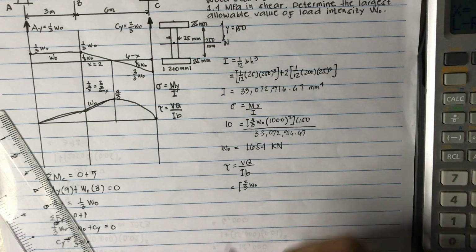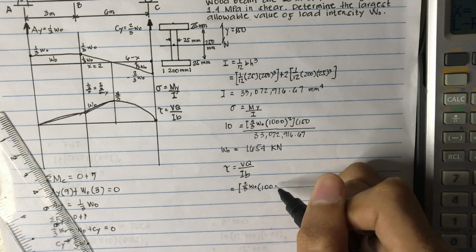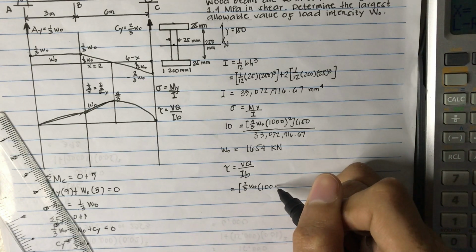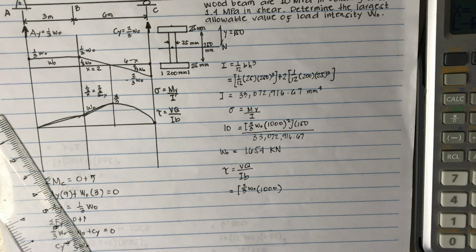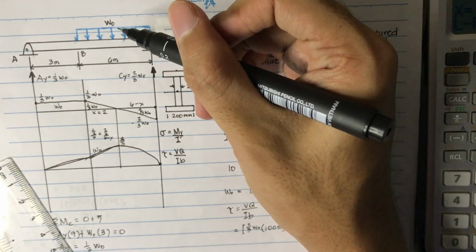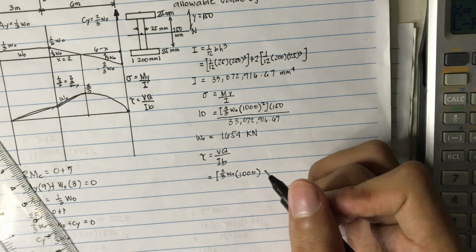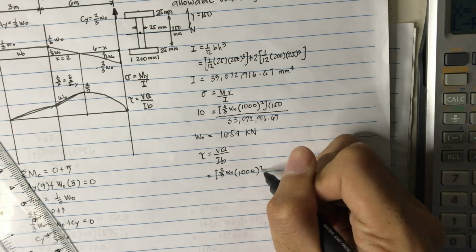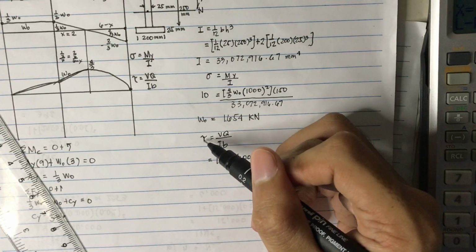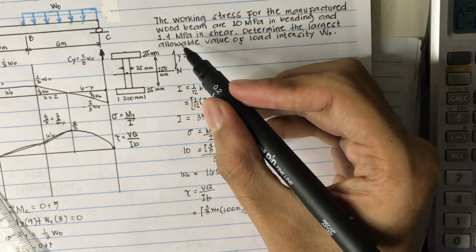Dayon nag-times tag 1,000 for the conversion nga kilonewton. Since nag-assume ta nga kani is kilonewton kay meters man ni. So then ato ang shear stress is 1.4 megapascal.